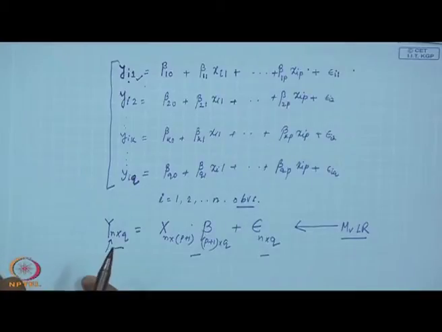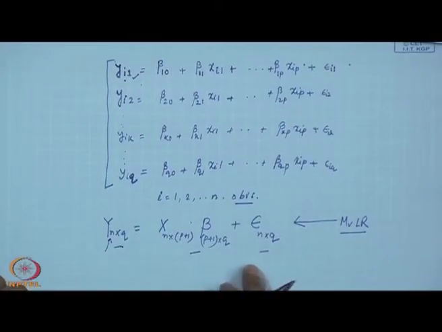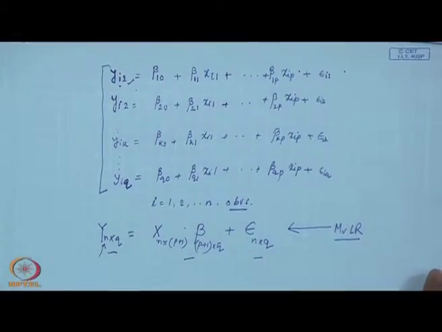Now, see what is required: similar to MLR, you require to estimate beta, and you require to estimate epsilon also, but here it is not a one dependent variable case, it is a q dependent variable case, so your estimation is now more in number, the totality is more. So, we will proceed with estimation.